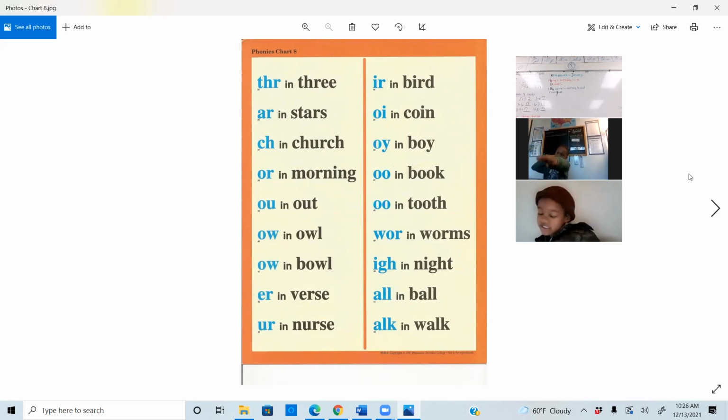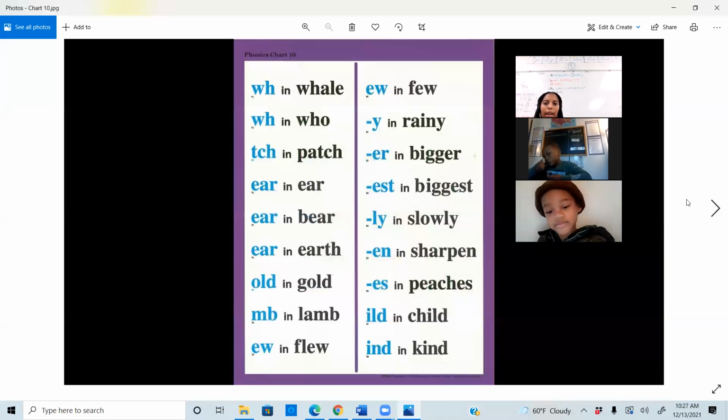WOR says wor, and worms. IGH says I, and night. AL says all, and all. ALK says awk, and wall. All right, and then we'll go over chart 10, which is our current chart that we're on now.